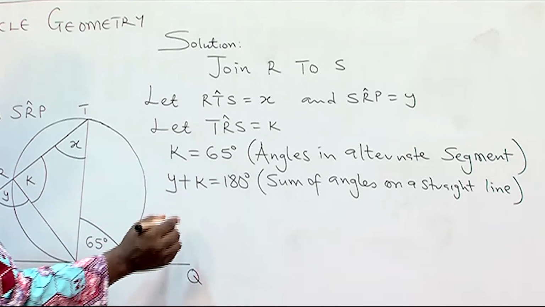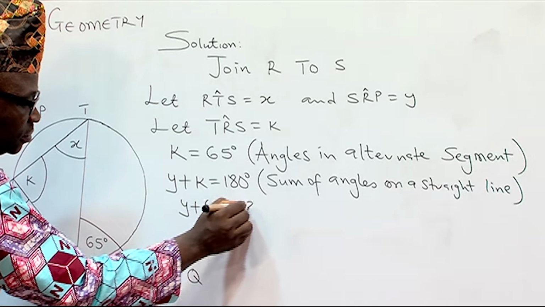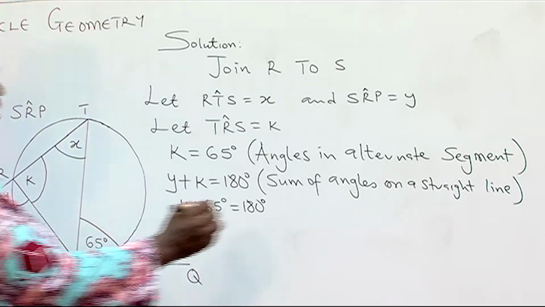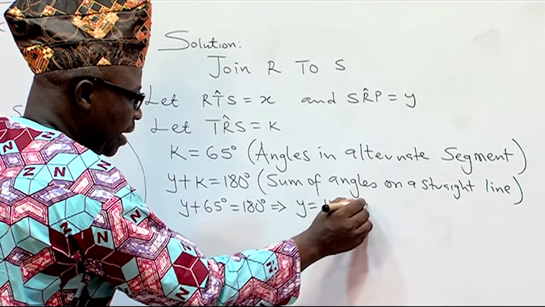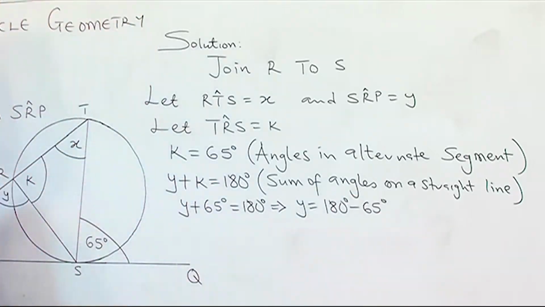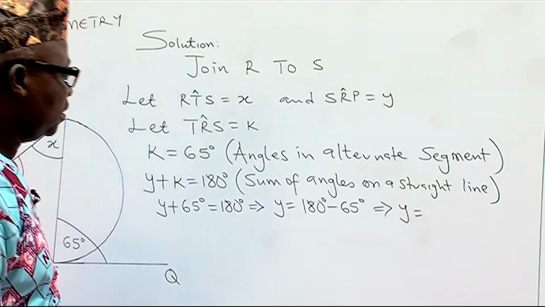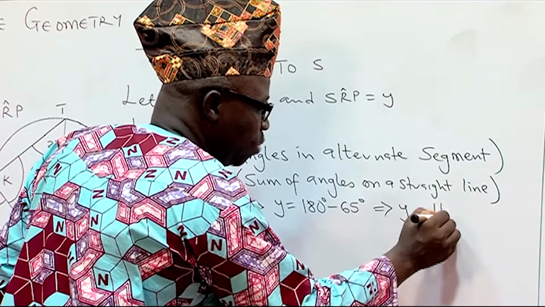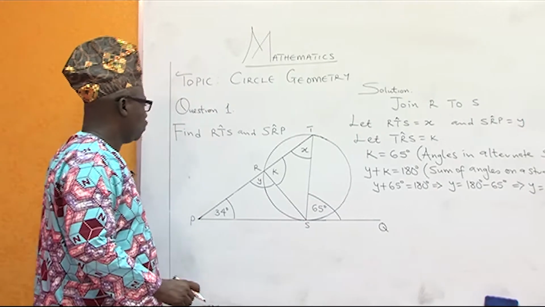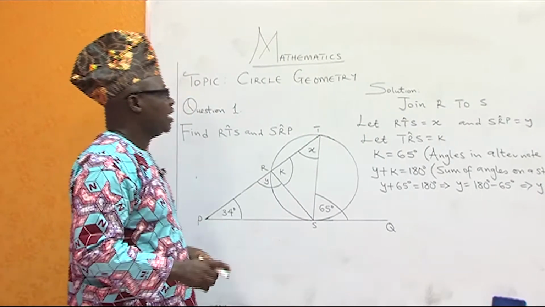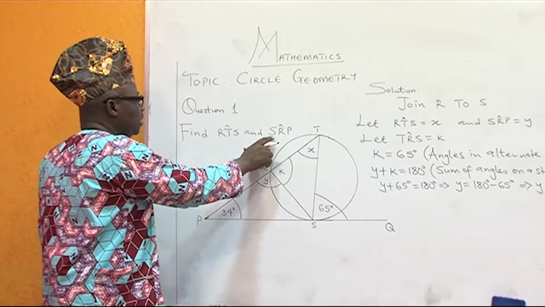We know that K is 65, so we have Y plus 65 degrees is 180. So that implies that Y is going to be 180 degrees minus 65 degrees. So we have 115 degrees. So we've been able to find the value of Y. And Y stands for angle SRP. So we are done with this.